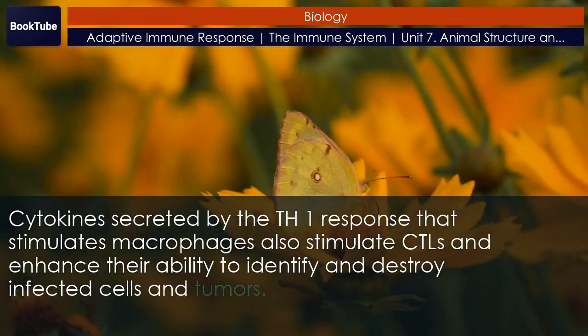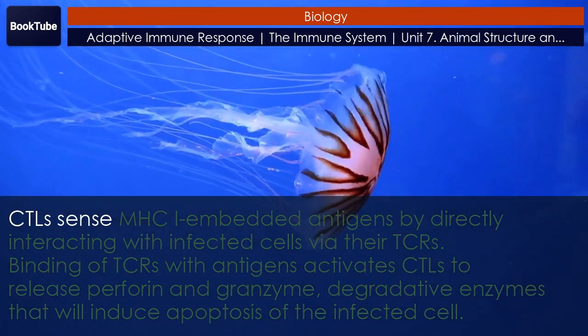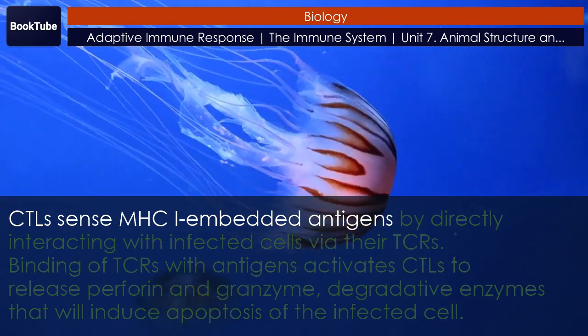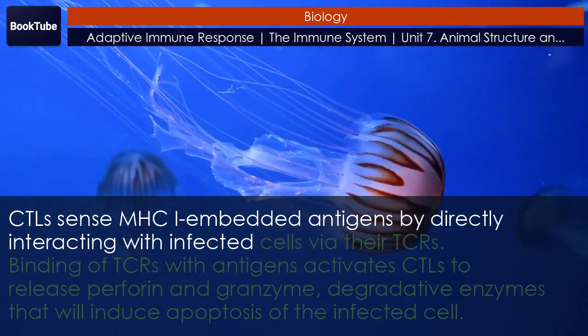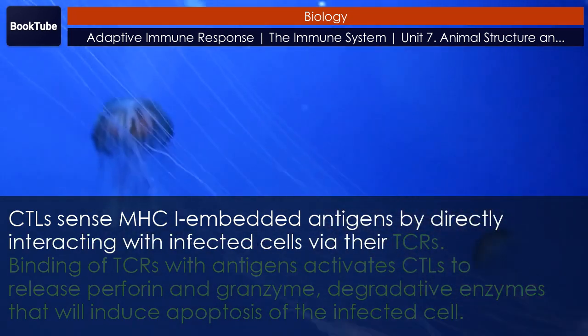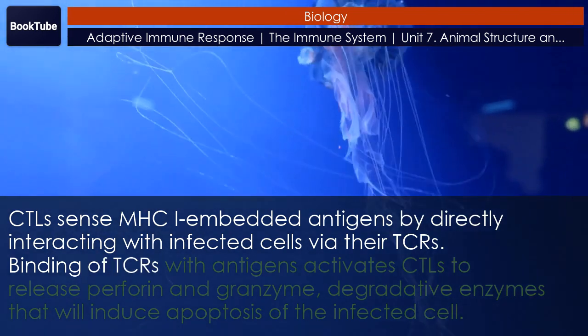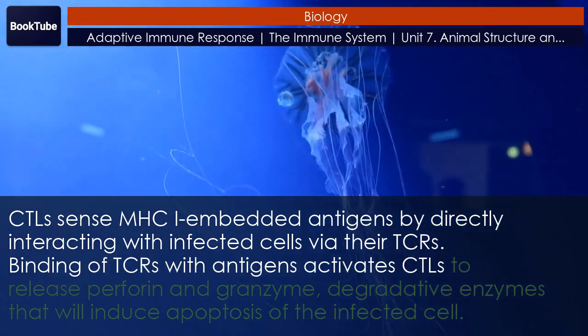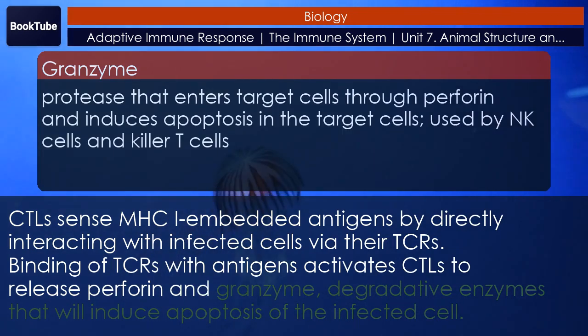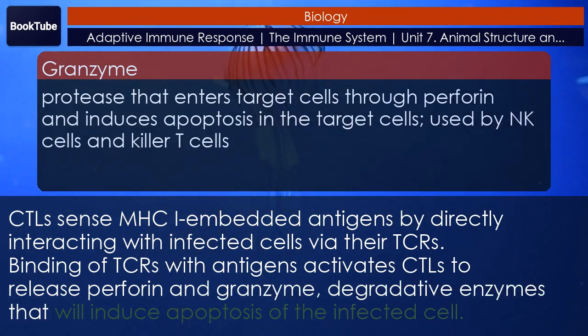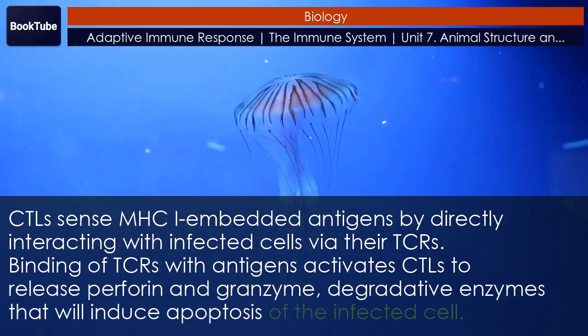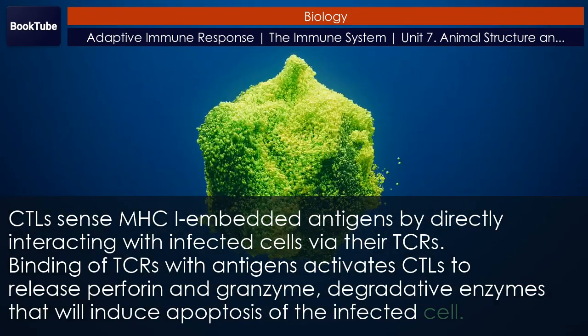CTLs sense MHCI-embedded antigens by directly interacting with infected cells via their TCRs. Binding of TCRs with antigens activates CTLs to release perforin and granzyme, degradative enzymes that will induce apoptosis of the infected cell.